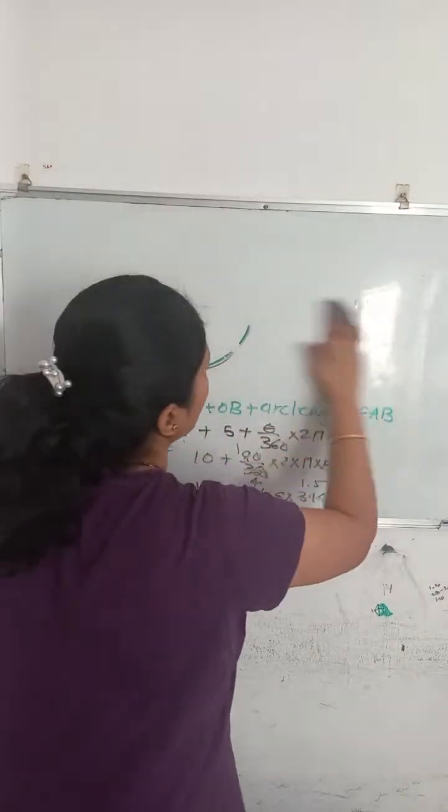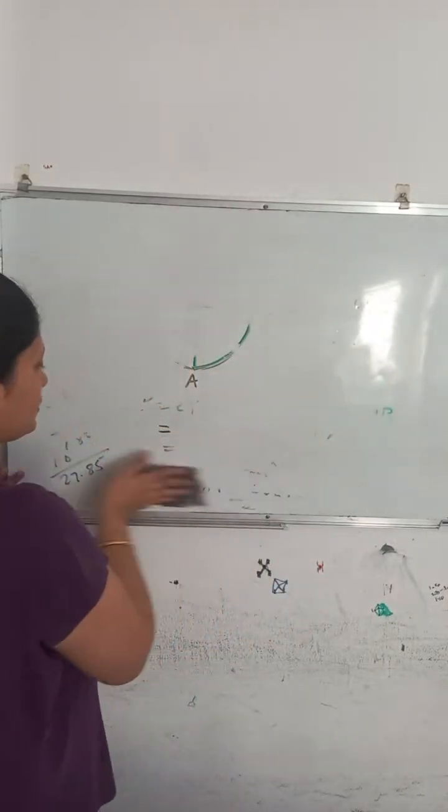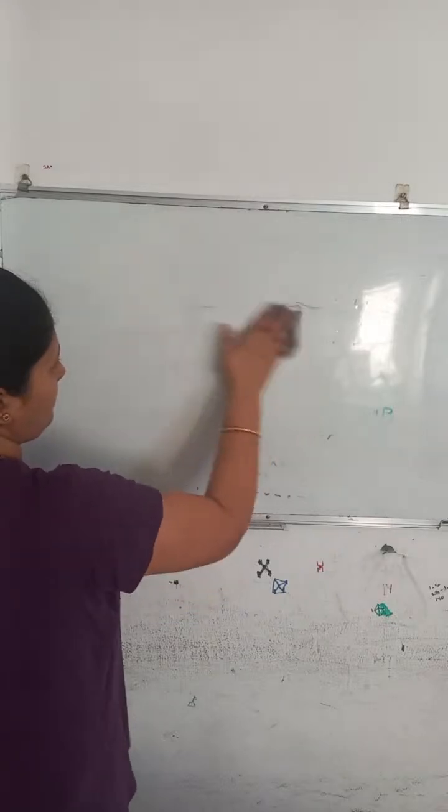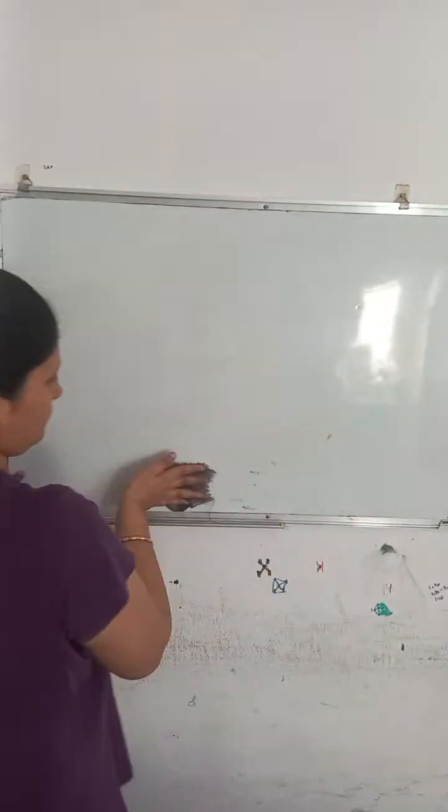Okay, and options are given. Write down the first option. A, 36 pi centimeter square. B, 18 pi centimeter square. C, 12 pi centimeter square.